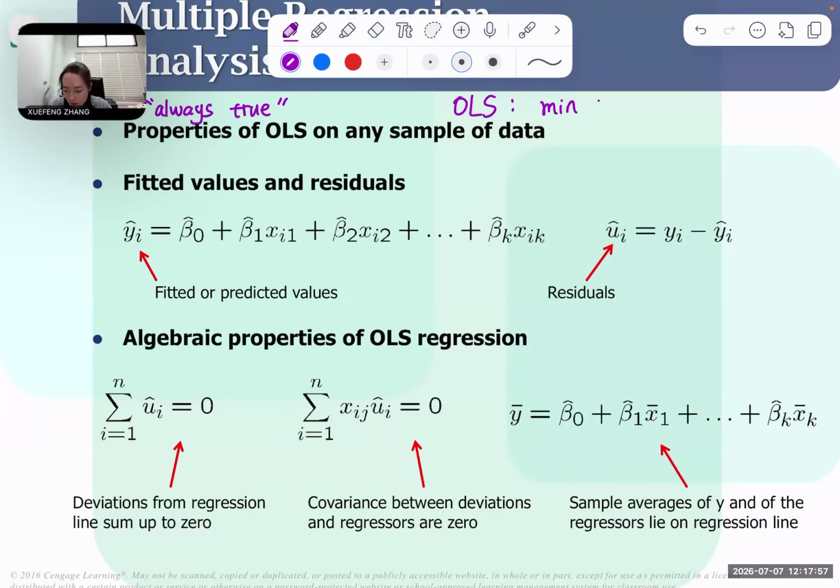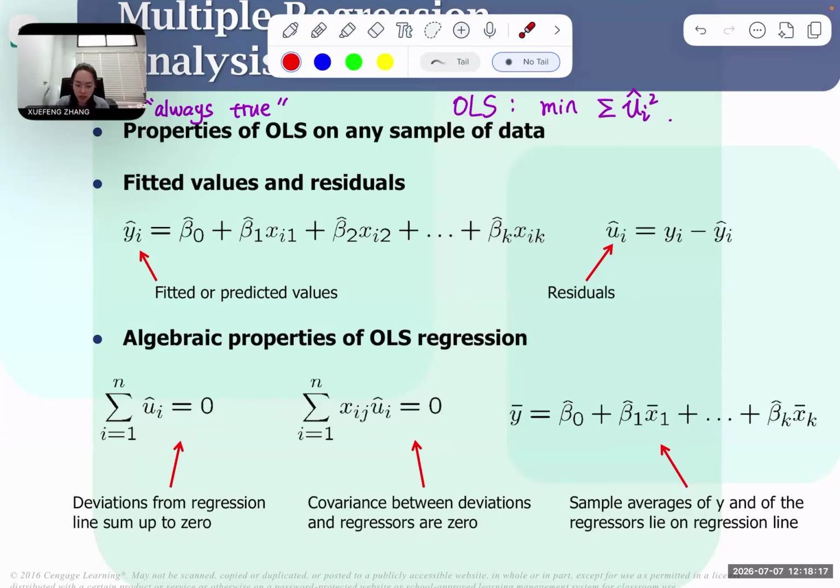This is the idea of OLS. That minimization forces these three things to happen, okay?